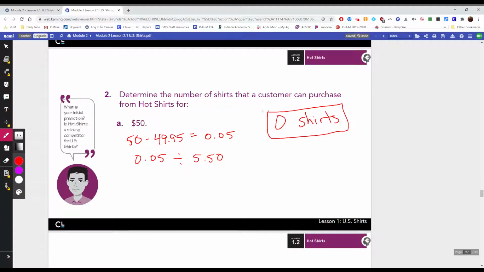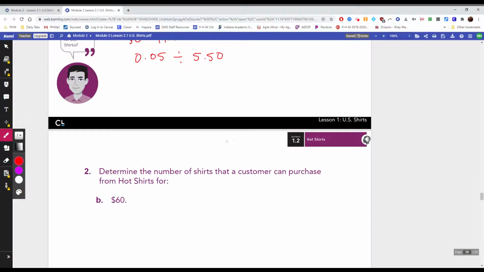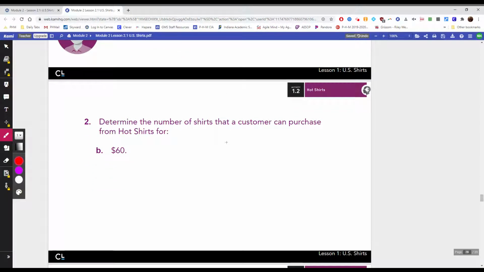Let's look at this with $60. So again, let's subtract the setup fee. 60 minus $49.95 is going to be $10.05. We need to take $10.05 and divide it by $5.50, which is the cost per shirt.